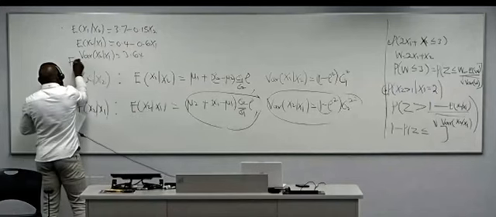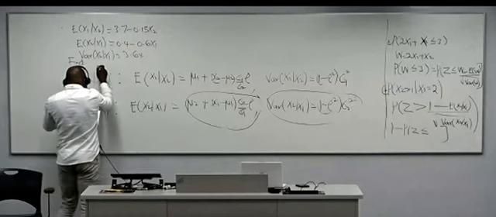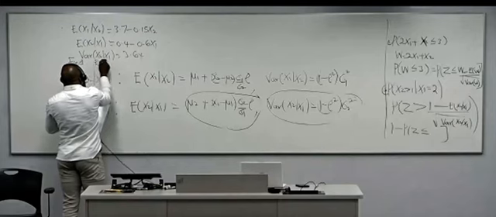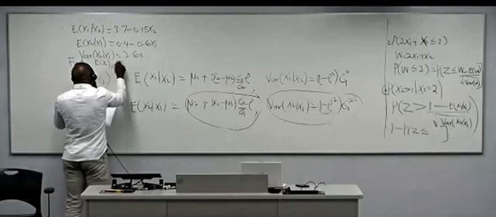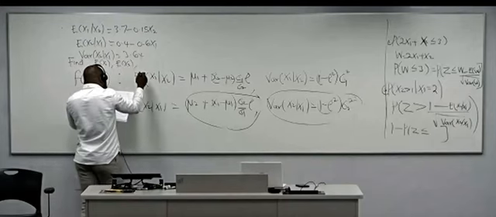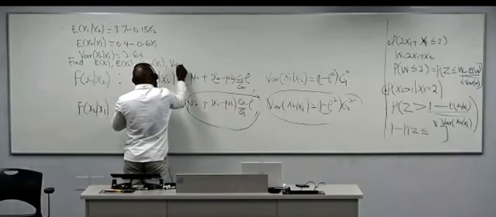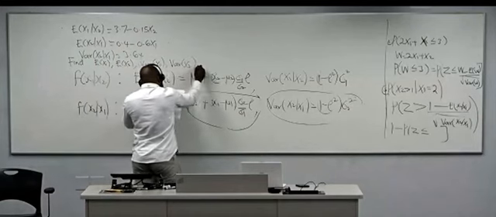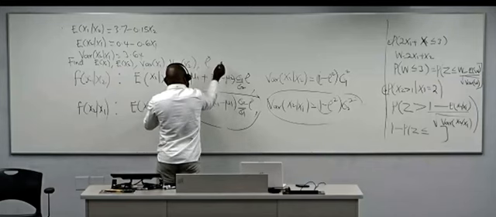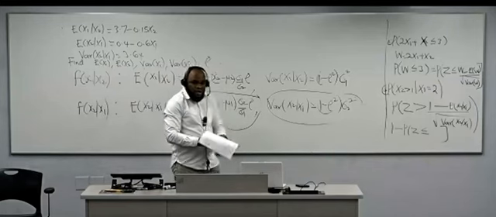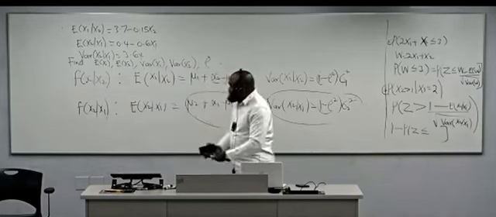You are asked to find the expected value of X1, the expected value of X2, the variance of X1, the variance of X2, and also find rho.